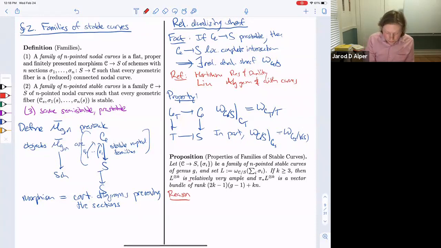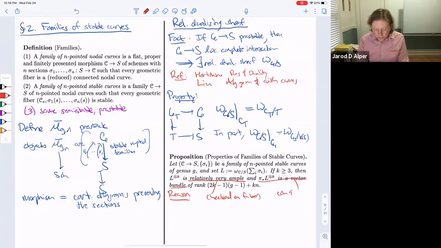For relative very ampleness, this condition can be checked on fibers, and that's what we proved on the last slide. To get that the pushforward is a vector bundle, this is a standard application of cohomology and base change. And to get the number here, this is just a Riemann-Roch calculation.